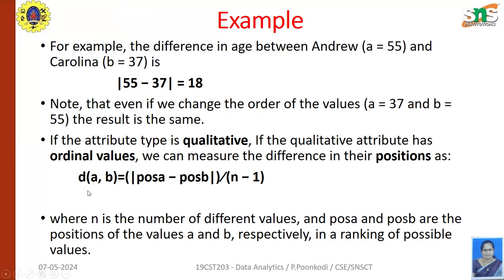The difference between A comma B is position of A minus position of B divided by n minus 1, where n is the number of different values. Position A and position B are the positions of the values A and B respectively in the ranking of possible values.